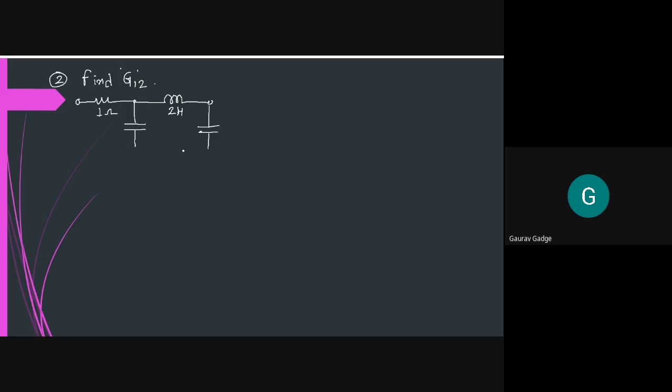Here there is an inductor. Here there is an inductor. Then capacitor. And then the rest of the circuit.